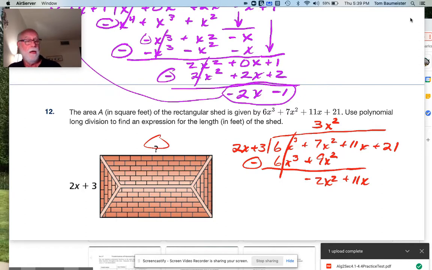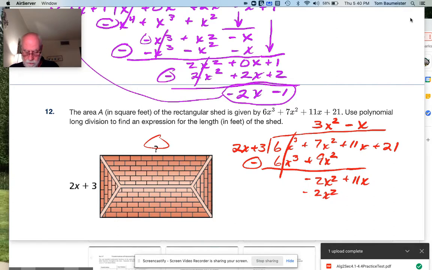When I get the 11x, I'll do the same thing. 2x times what gives me negative 2x squared, and you would tell me negative x. And again, negative x times 2x is negative 2x squared.